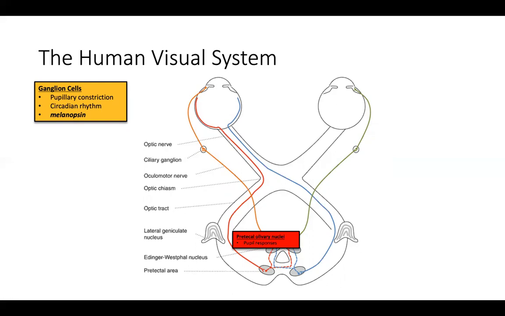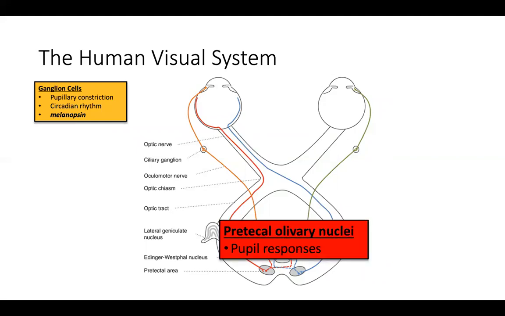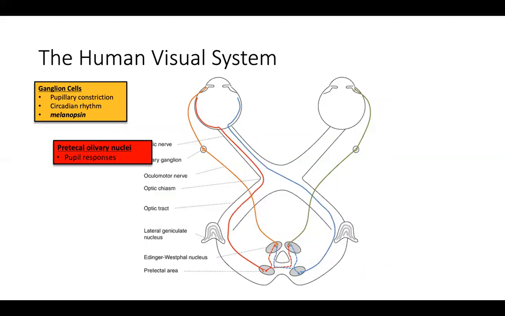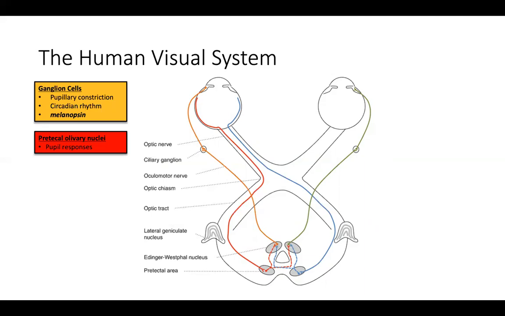Pupil responses are mediated by input to the pretectal olivary nuclei in the midbrain. The pretectal nuclei send their output to Edinger-Westphal nuclei, which in turn provide parasympathetic innervation to the iris sphincter via an interneuron in the ciliary ganglion.